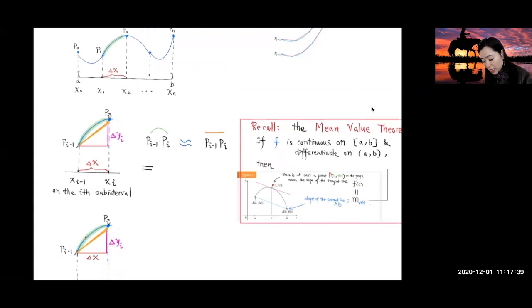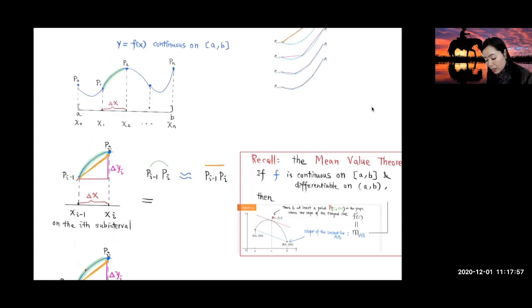Now let's try to express this in terms of delta x. This is a right triangle, and this is delta x. This is the change in y, but it is the change in y on the ith subinterval, so I call this delta yi.